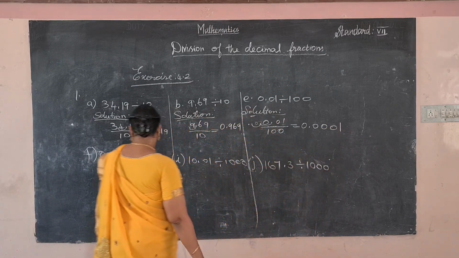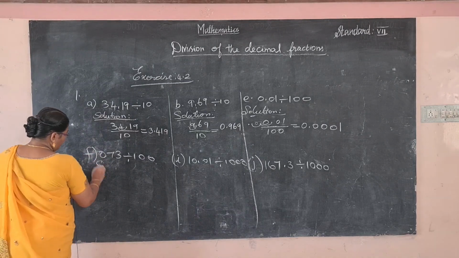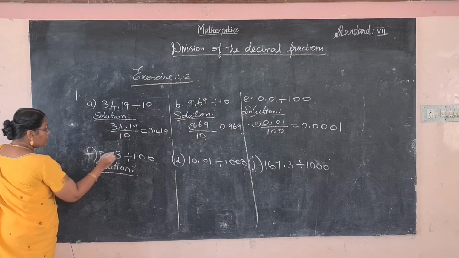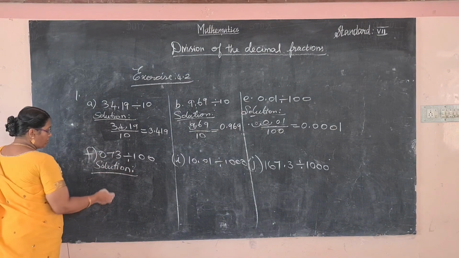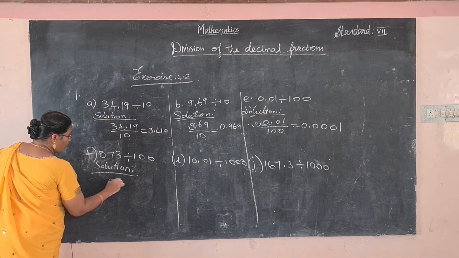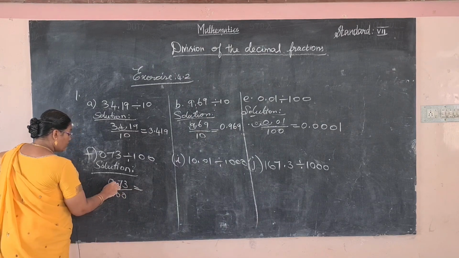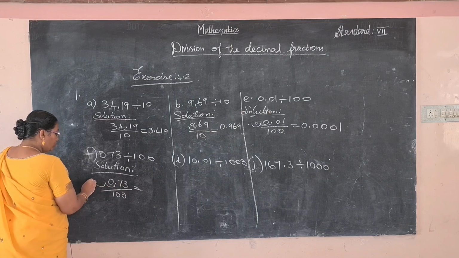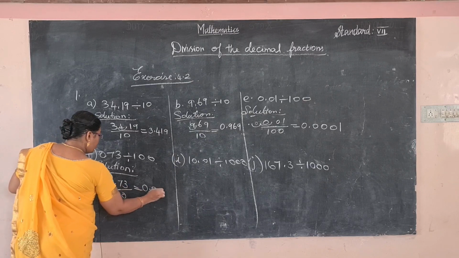Okay, and then the fourth, F problem, 0.73 divided by 100. So how many zeros in the divisor? 2 zeros. So the decimal point moves to the left side 2 places. 1 2. Okay, so 0.0073.